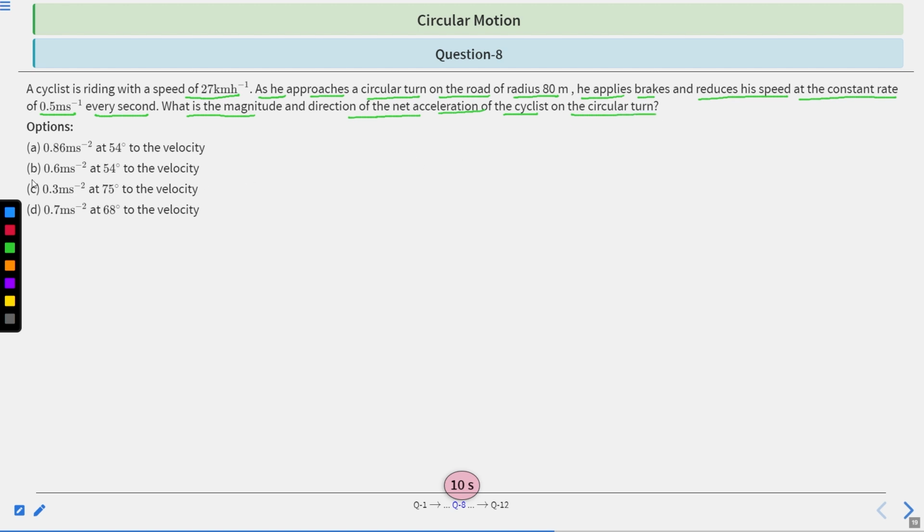The options: A, 0.86 meter per second squared at 54 degrees to the velocity. Option B, 0.6 meter per second squared at 54 degrees to the velocity. Option C, 0.3 meter per second squared at 75 degrees to the velocity. And option D, 0.7 meter per second squared at 68 degrees to the velocity. So which option is correct? You have 10 seconds to solve this question. After 10 seconds we will provide the solution.